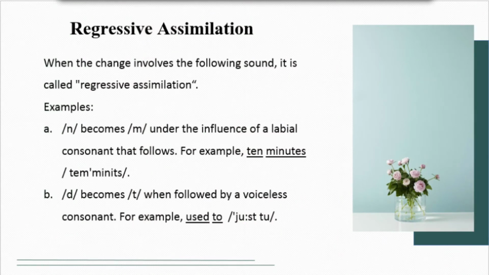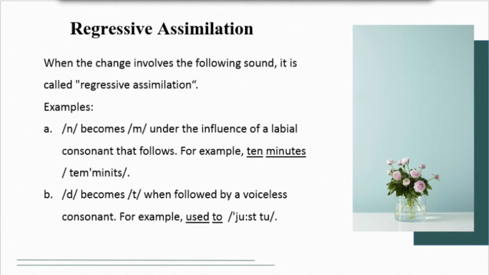Second is regressive assimilation. When the change involves the following sound, it is called regressive assimilation. These are examples of regressive assimilation. First, n becomes m under the influence of a labial consonant that follows.